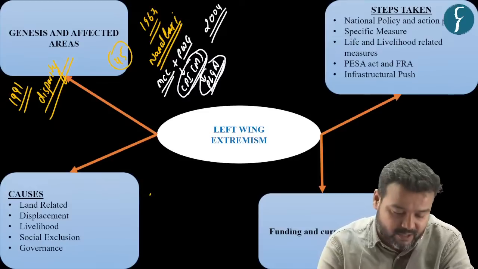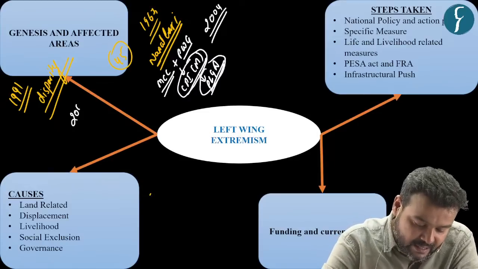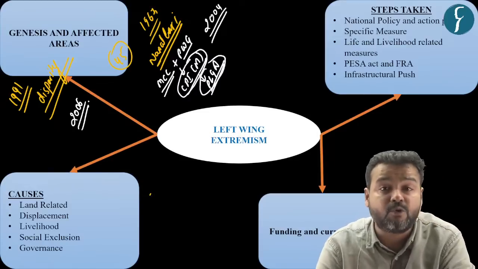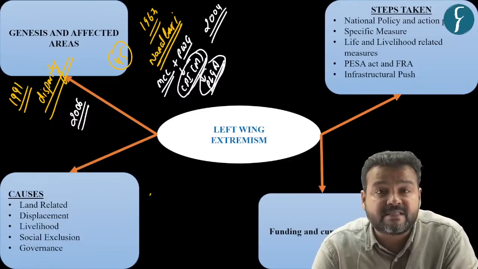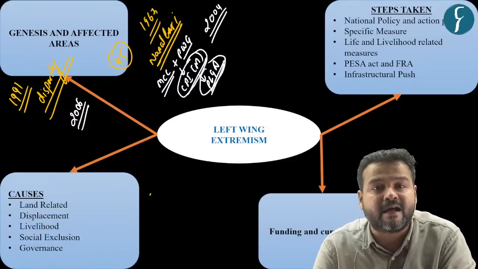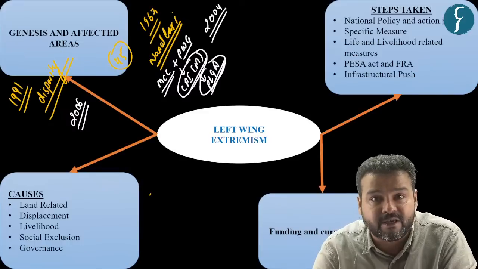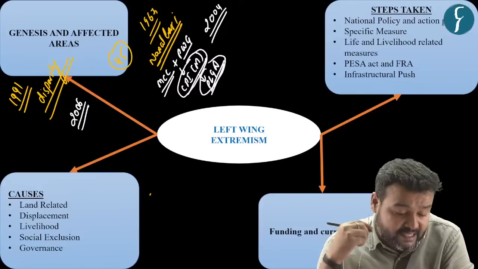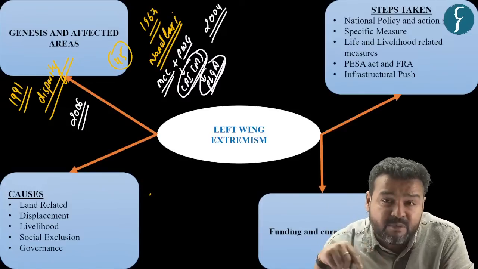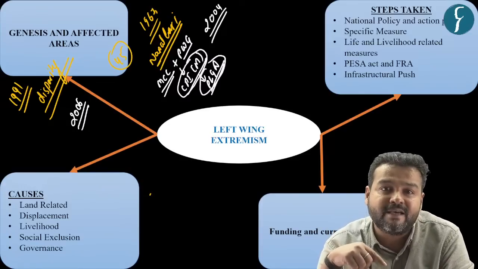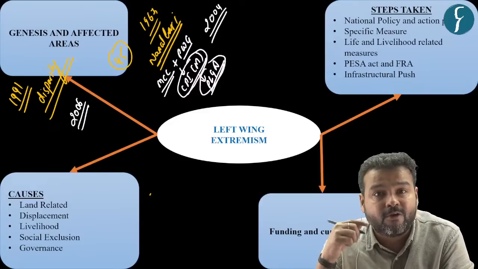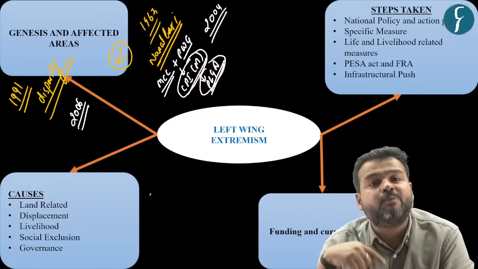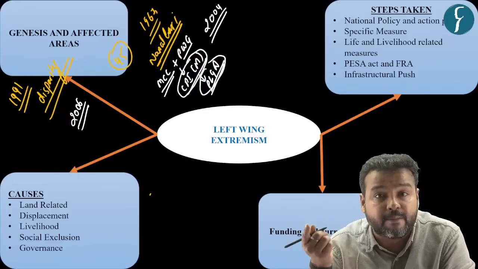The situation got so bad that in 2006, our Honorable Prime Minister, Mr. Manmohan Singh, termed Naxalism as the single largest threat to internal security. And moving further, experts termed that the ramification of this violence is spreading from Tirupati in the south to Pashupati in the north, that is in Nepal.